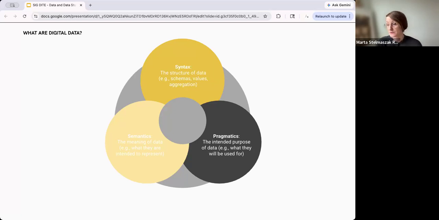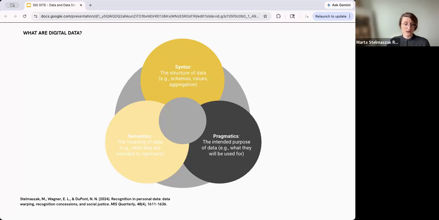So if we agree, at least for now, with the six characteristics of digital data that we showed on the screen, there is another way of analyzing digital data that we want to bring to this. And I want to talk you through an example.